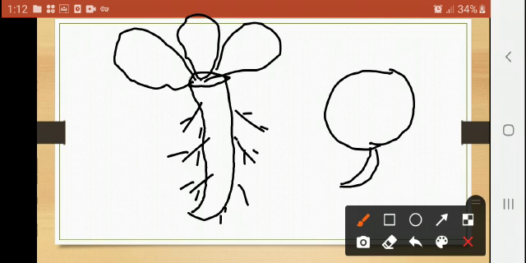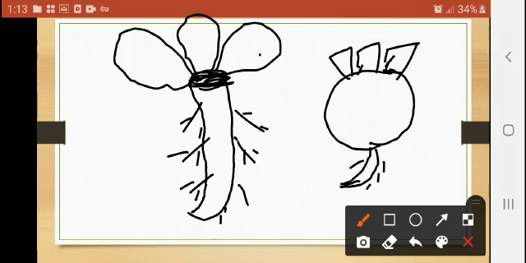So here I am drawing a turnip and after drawing them you can color in these two types of roots. Okay, so this is called a taproot. Now you can color in their leaves or in these pictures easily.